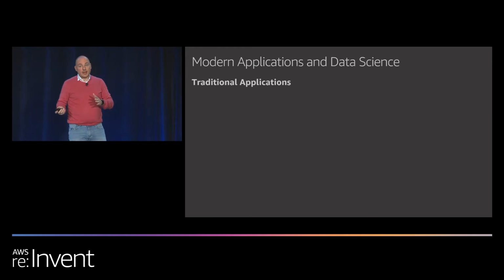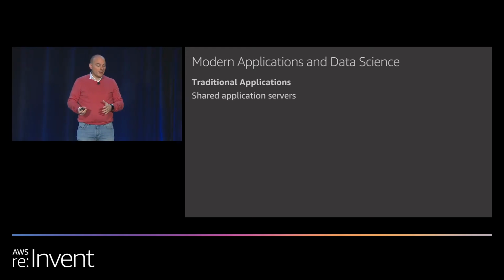Where you'd have a traditional application, you might have been using shared application servers, maybe Java middleware servers, with multiple applications running in the application server. Those servers would typically be deployed and managed by IT, so very standardized servers, probably configured in a certain way with configuration management.